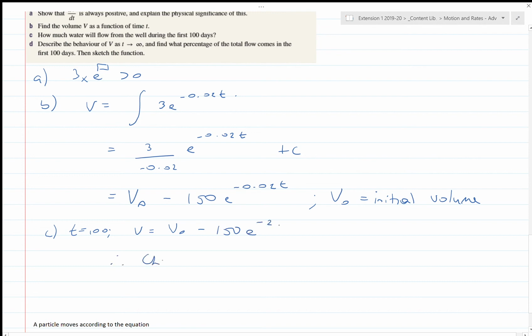Therefore, the change is V0 minus V0 minus, because V0 is initial, then this is after whatever, and so we get 150 e to the minus 2 as the answer. That's the easiest way to do it. In fact, I won't go into the other way.